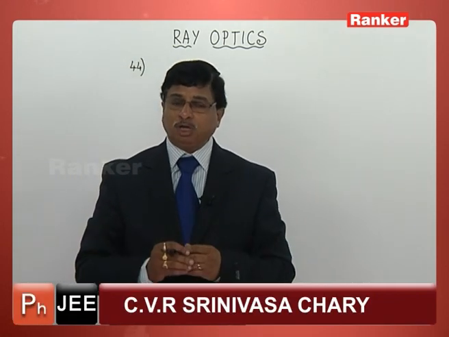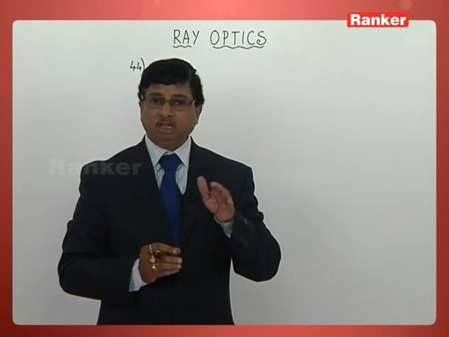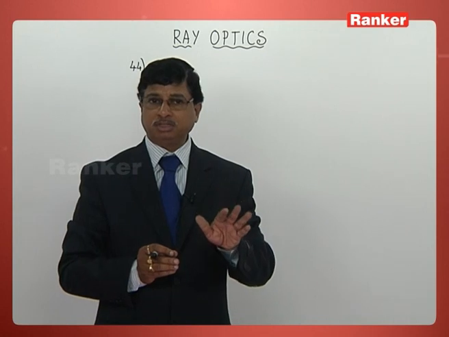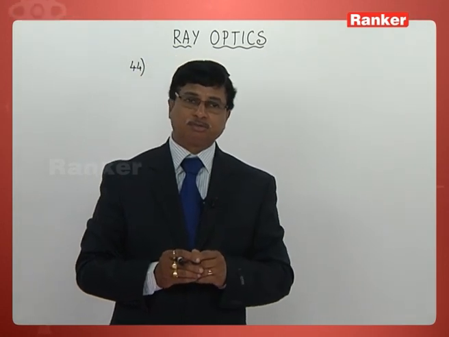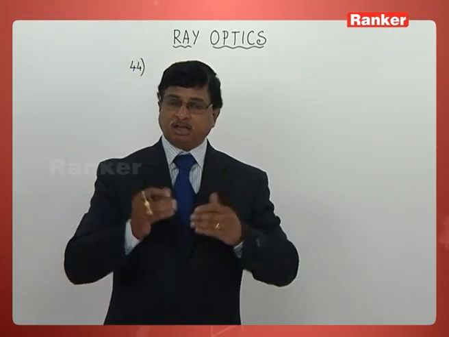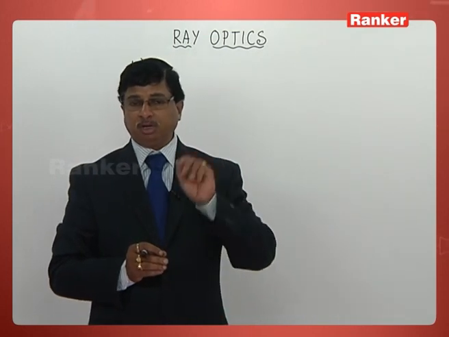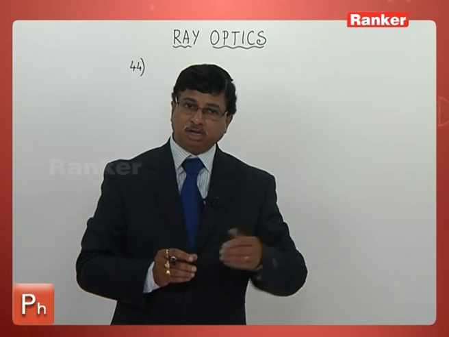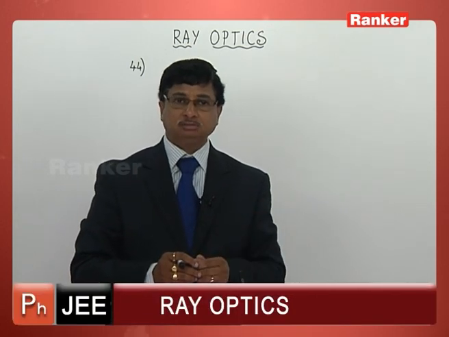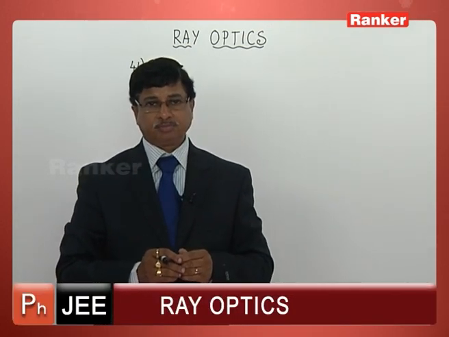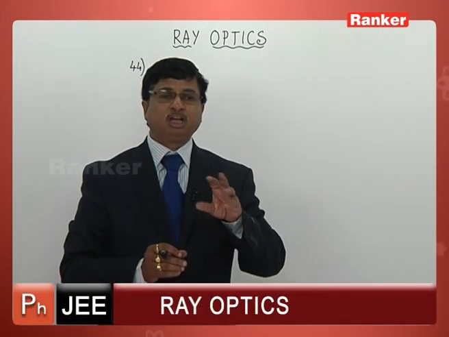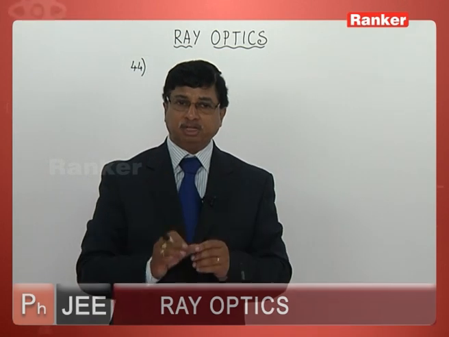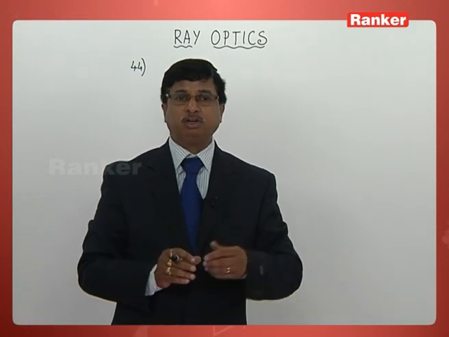By using these two eyepieces, we can minimize the aberrations which are going to be observed in the case of optical instruments. Mainly our concentration will be on two aberrations. One is chromatic aberration due to the coloring of the incident light, and second one is spherical aberration. So to minimize these two aberrations, we have constructed two different eyepieces.